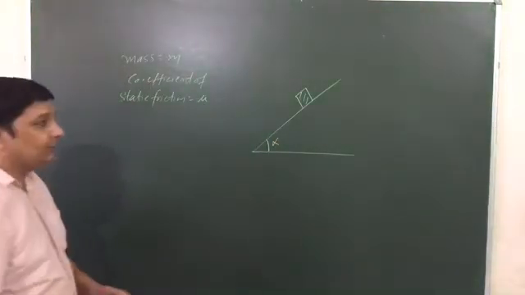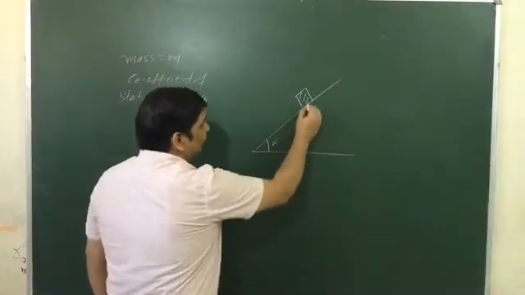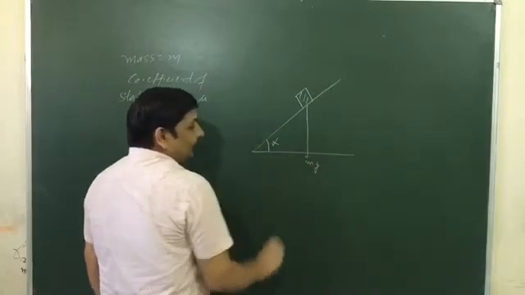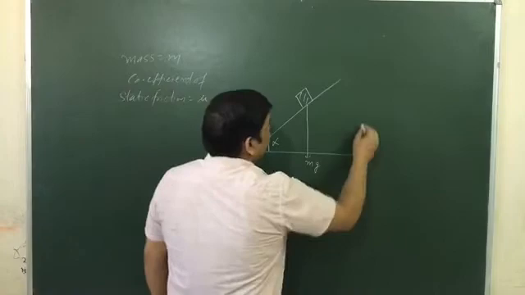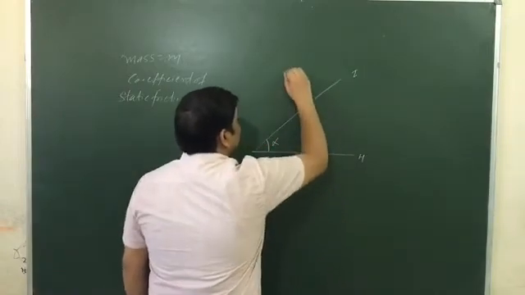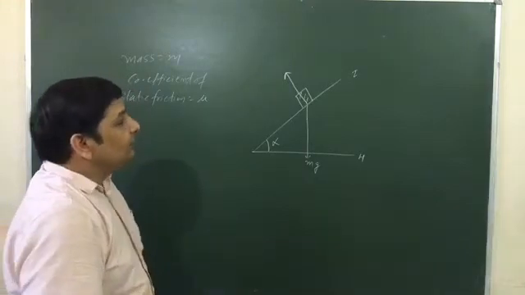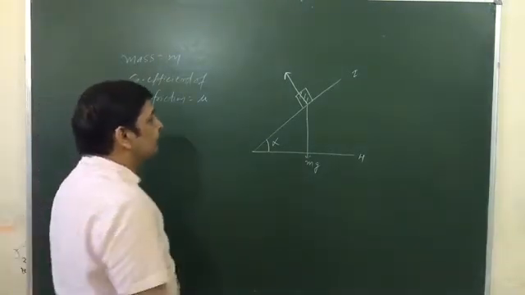We know that when the block is at rest, the weight of the block acts perpendicular downwards to the horizontal surface. The reaction acts perpendicular upwards to the inclined surface.